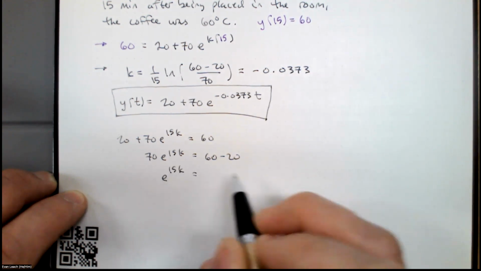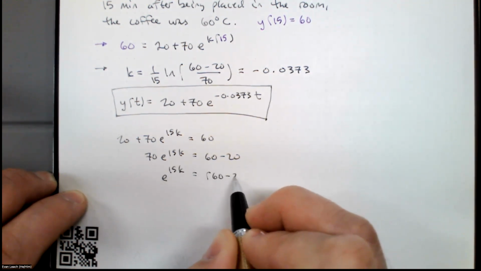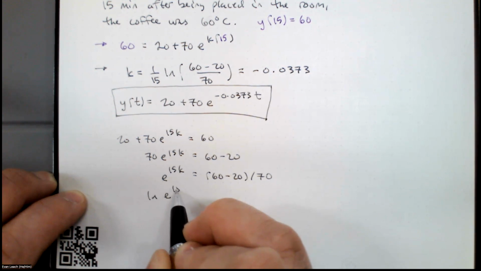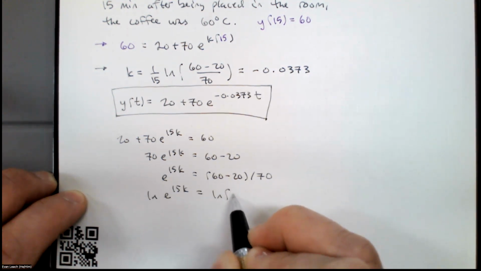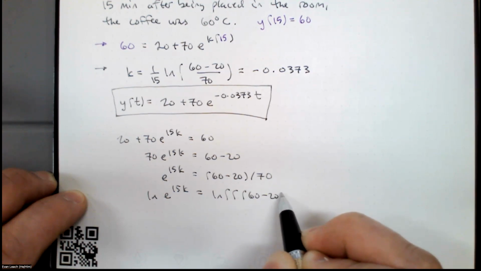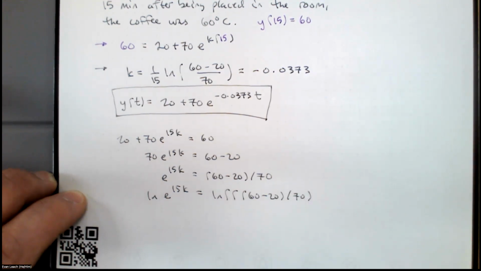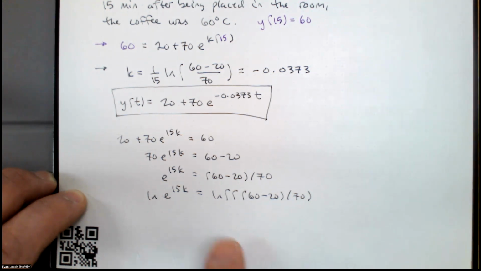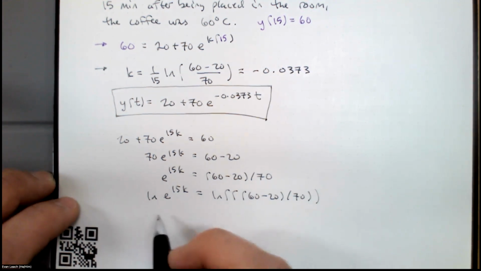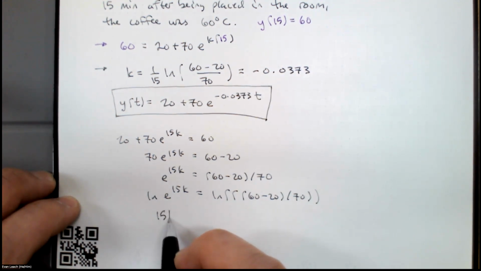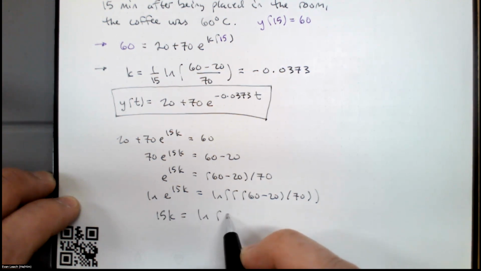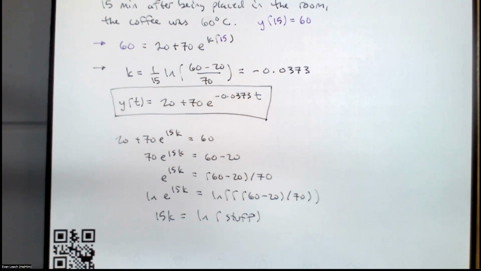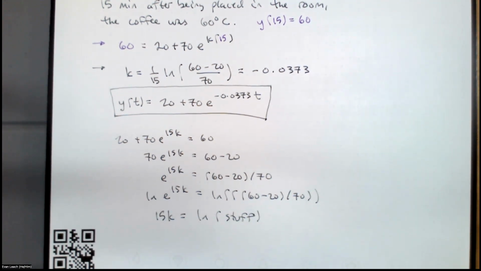But then when we take the natural log, the 15 is a coefficient, so 15K. And so that's why we divide by the 15.